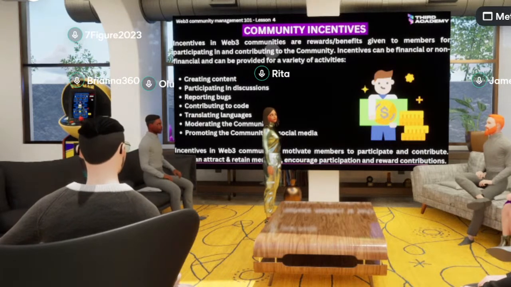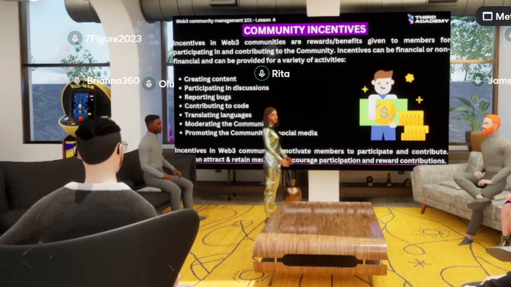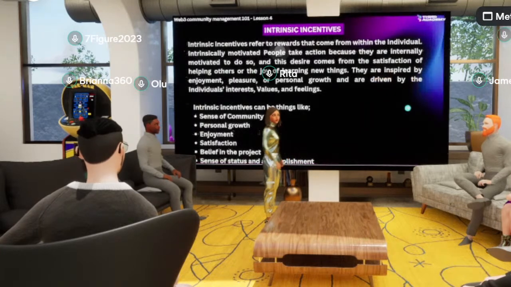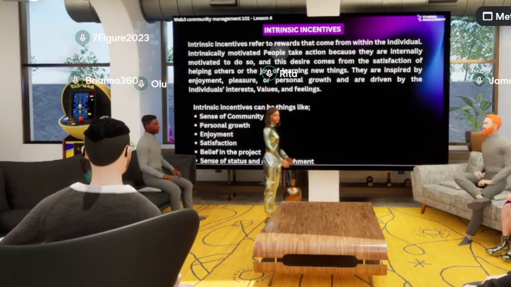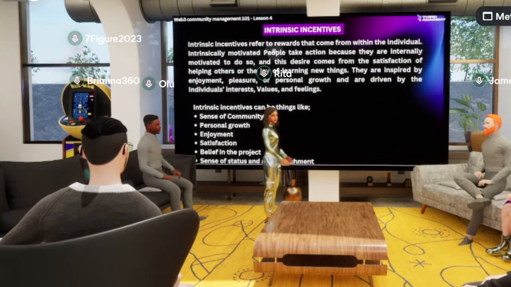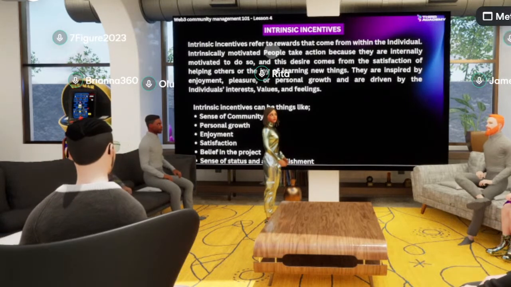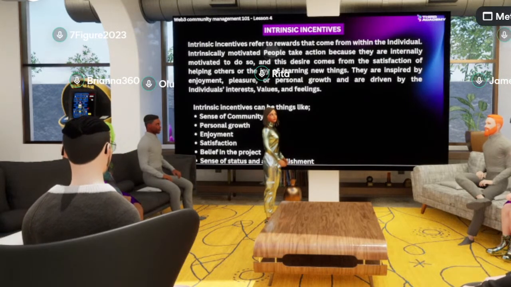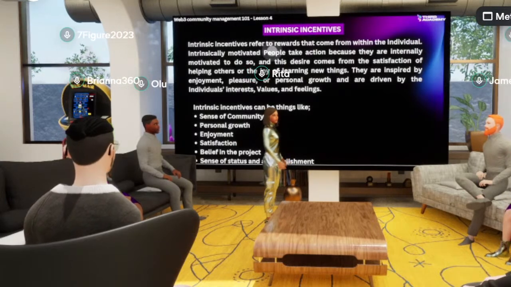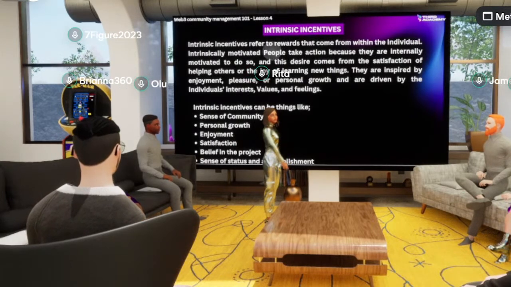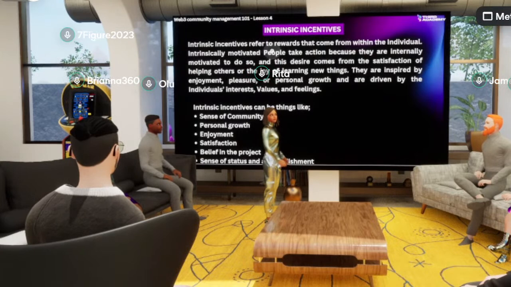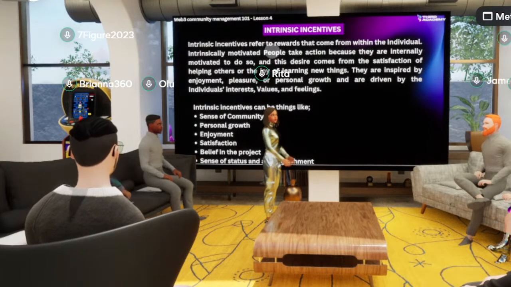Let's move on. In Web3, incentives can take on two distinct forms: intrinsic and extrinsic incentives. Like the story I mentioned I was going to tell from the beginning: at one time, I was in a community and there was this person who went in for a community manager's interview.